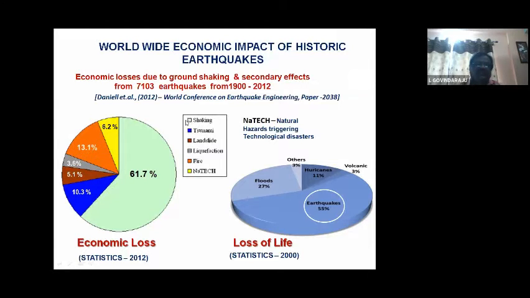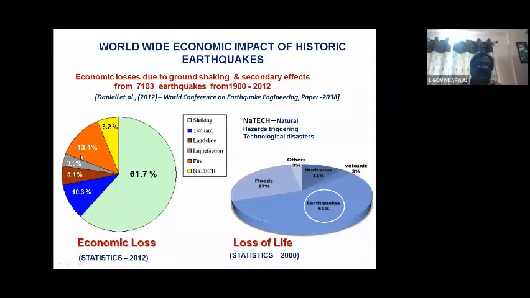The ground shaking is considered the primary effect, and the after effects of ground shaking are considered secondary effects. Following the ground shaking, the after effects are tsunami, the major share at 10.3%, then landslides at 5.1%, then liquefaction-associated damage and economic loss of 3.6%, and then fire hazards.